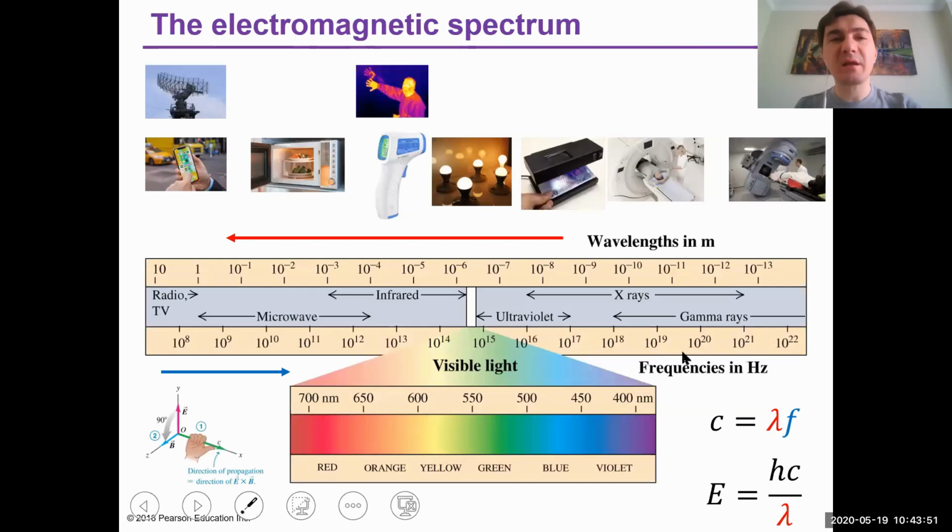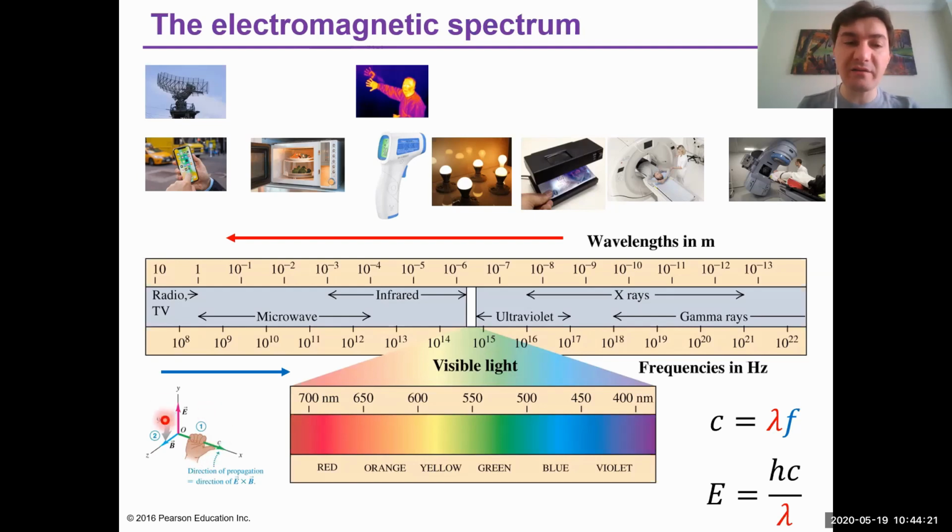Here, I show you the electromagnetic spectrum. Maybe first of all, I should talk about electromagnetic waves. So why do we use the word electromagnetic? Because the name comes from the property of the light. Here you see a sketch showing the electric field and magnetic field components of the light.